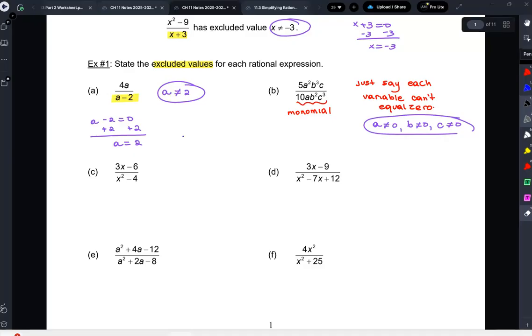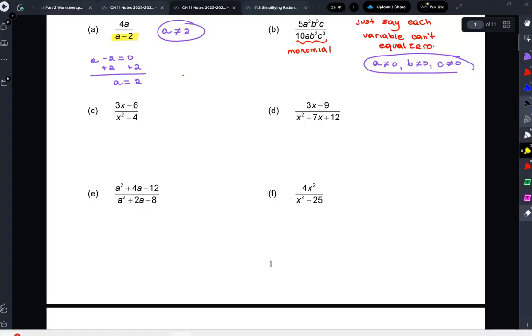Okay? So monomial is easier. Okay, here I take the denominator. And I'm going to say x squared minus 4 is equal to 0. Now, how do we solve this one? Factor. So this is a difference of squares.